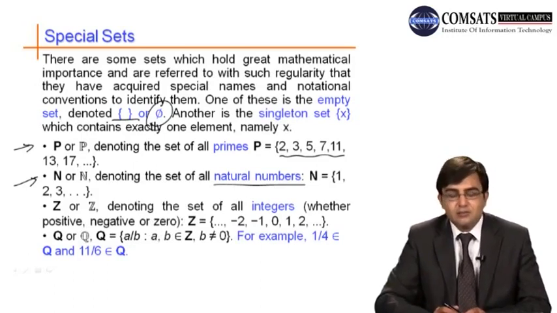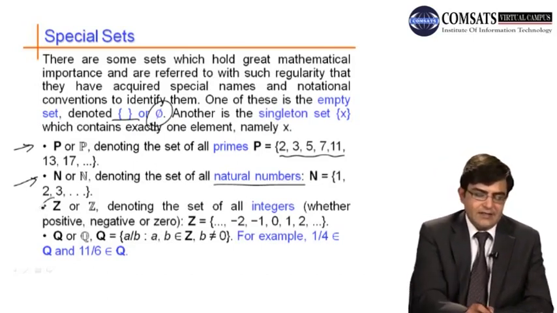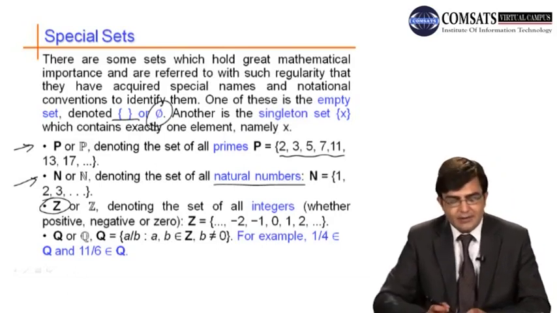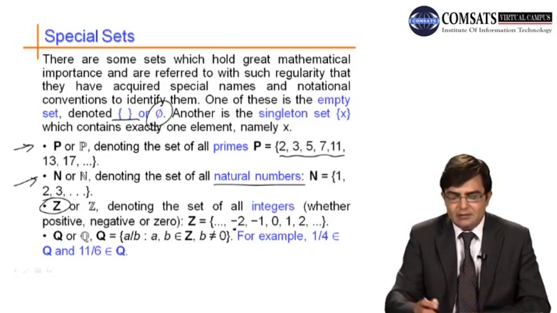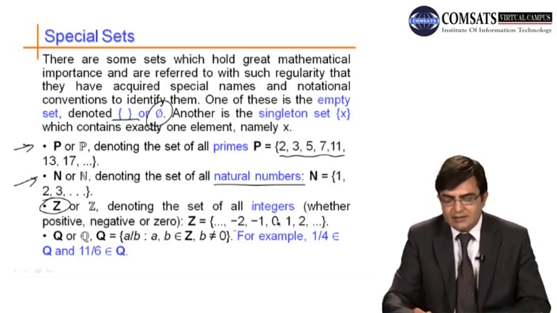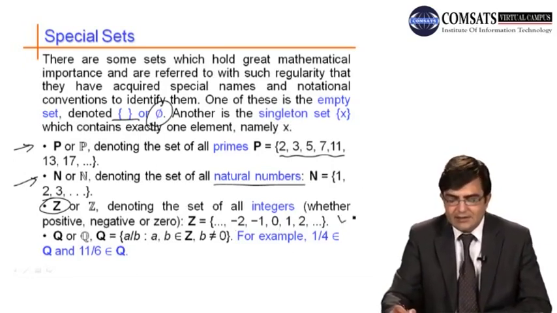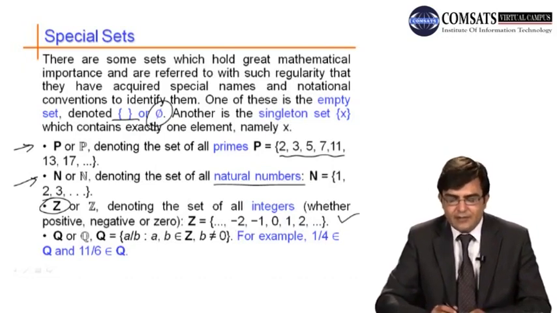Similarly, the set of integers is denoted by capital Z, and it contains elements you already know, I think: plus minus 1, plus minus 2, plus minus 3 and 0 also. This set also has the special notation Z.